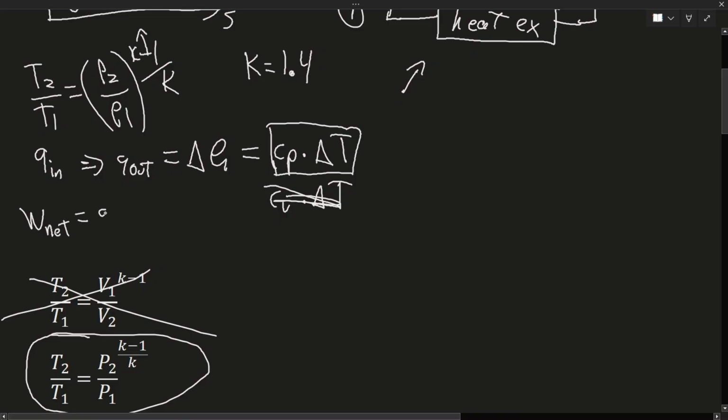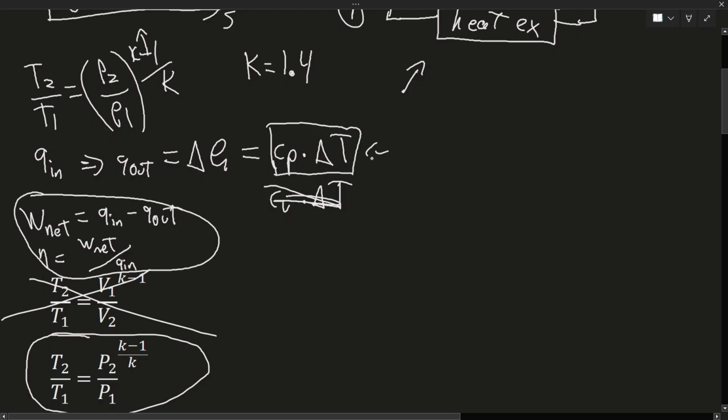That's equal to the heat that comes in minus the heat that comes out. If they ask your thermal efficiency, that's going to be equal to your net work divided by the heat that comes in. Okay? You have to know these 3 equations, okay? Sometimes the question is going to ask you for capital Q, okay?